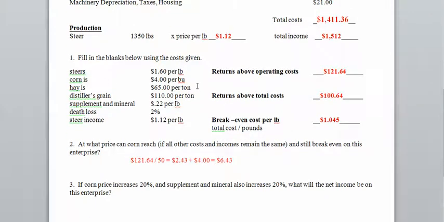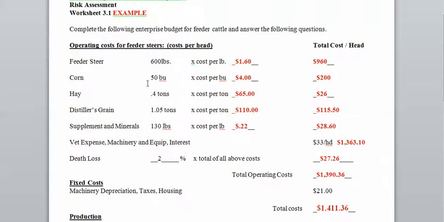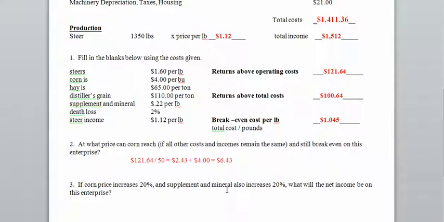Our total cost of corn right now is $200. So if that increases 20%, 200 times 1.2, or 120%, is $240. So that's our new cost of corn if it goes up 20%.